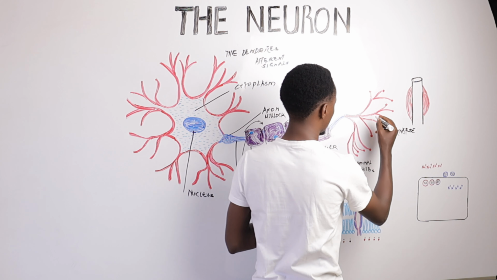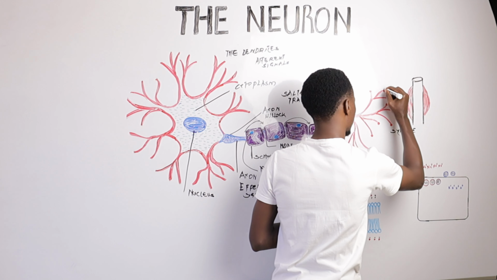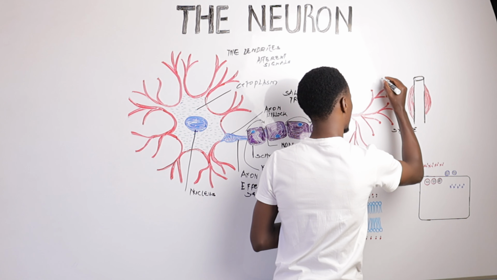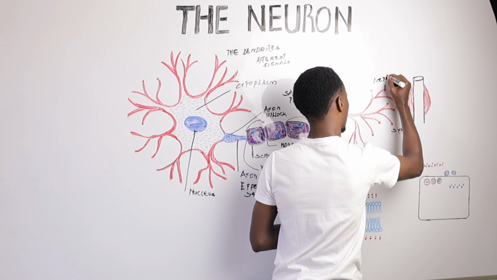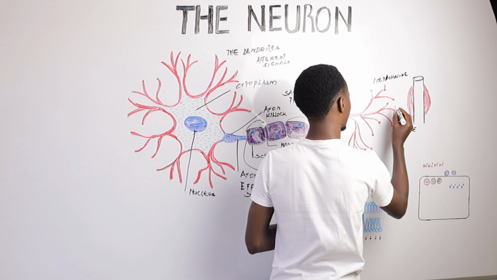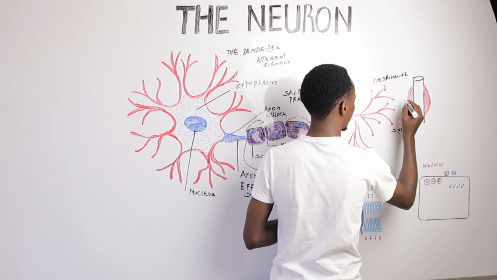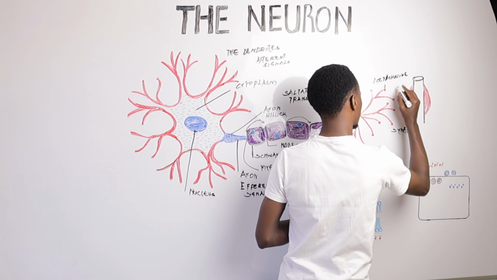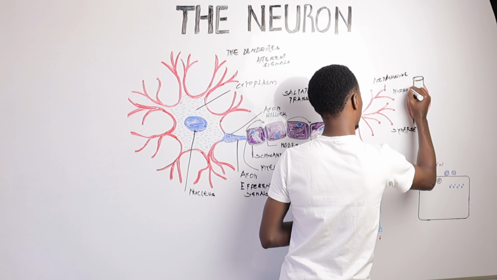These terminal bulbs carry a chemical messenger, and that chemical messenger is called acetylcholine. It attaches itself to receptors that we call nicotinic receptors, found within the muscle cell.